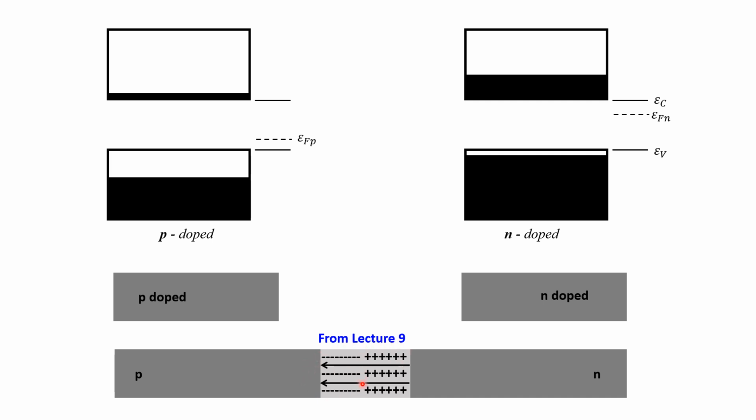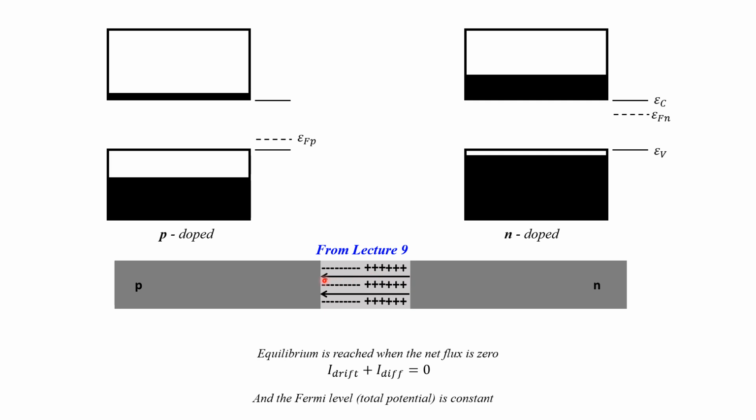If you have an accumulation of positive charge here and an accumulation of negative charge here, then there is the formation of an electric field, as represented by the black arrow, just like in a capacitor, just like we discussed in lecture 9. Now if there is an electric field, then there is a drift current, because the electric field imposes a force on the charge carriers.